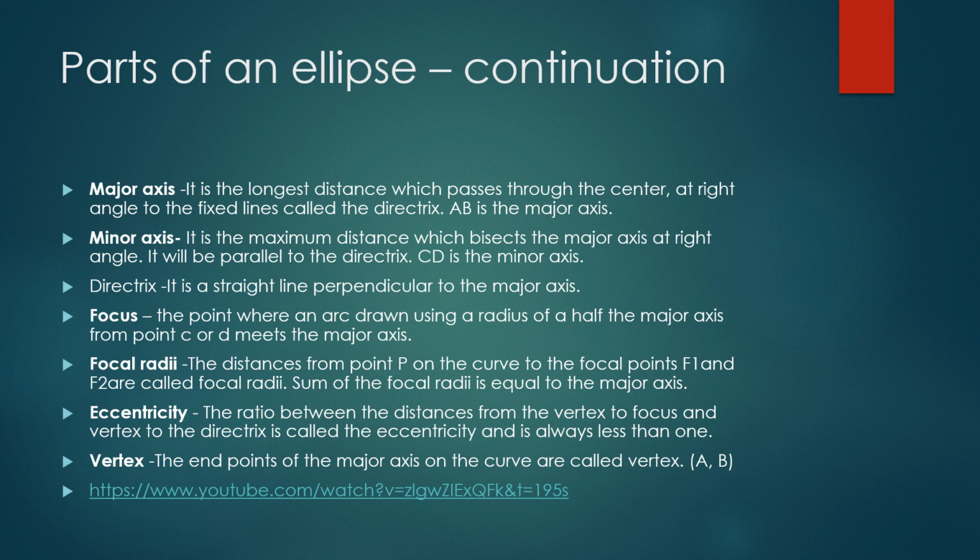Then we have the focal radii. It's the distance from point P on the curve to the focal points F1 and F2, and they are called the focal radii. The sum of the two focal radii is equal to the major axis.